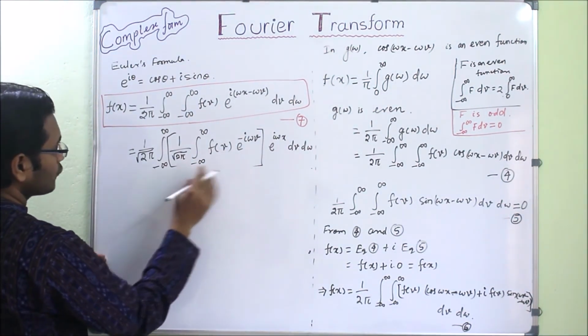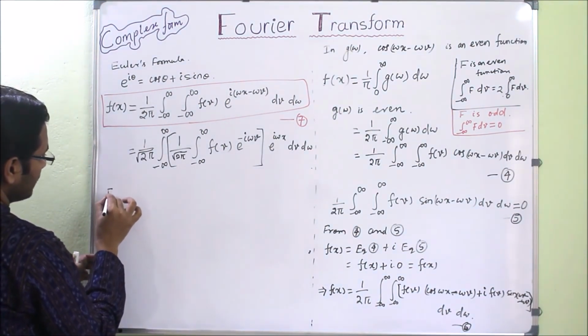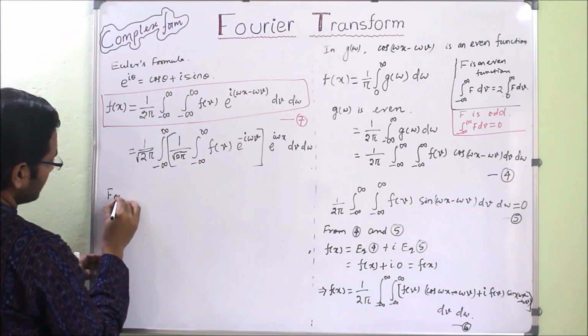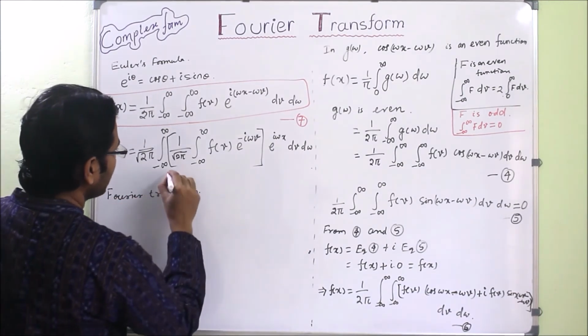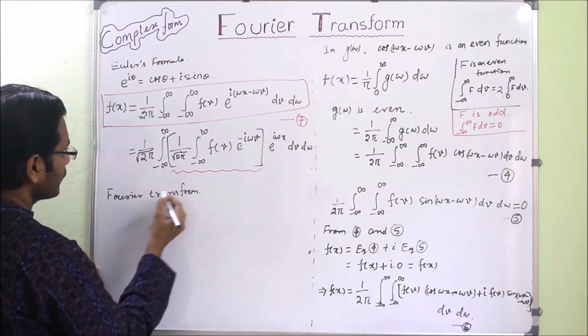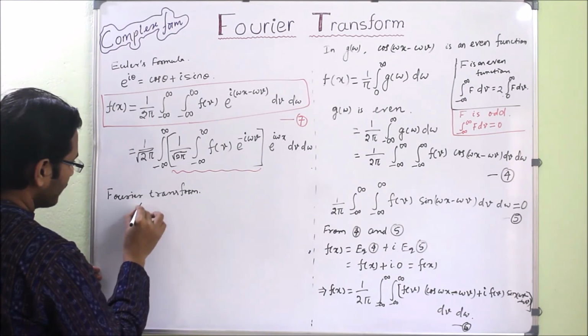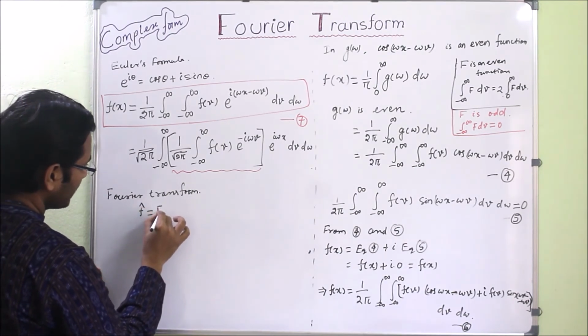or so from this, what we can see, we will get the Fourier transform if we take the bracketed thing. If we take the bracketed one, we can write the Fourier transform, f cap, or sometimes we can write f.